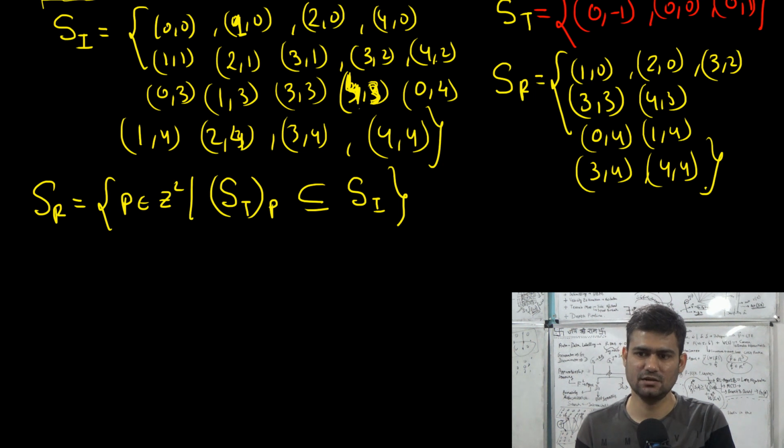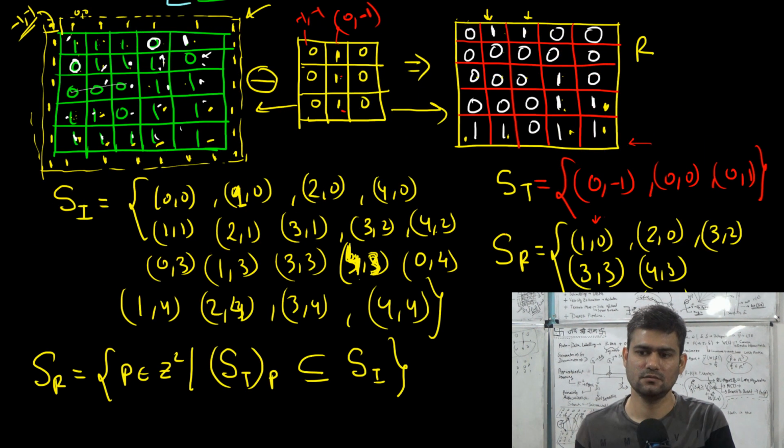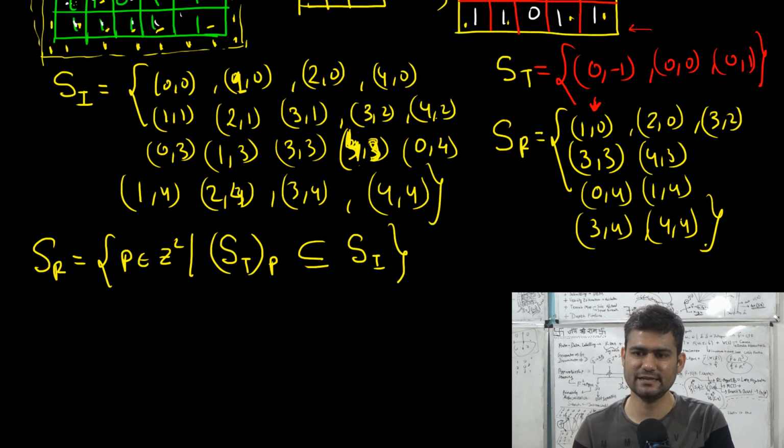So let's check our first coordinate, 1, 0. Let's translate our set ST with the first element in set SR, 1, 0. Translating the set by 1, 0 will give us 1, -1, 1, 0 and 1, 1.